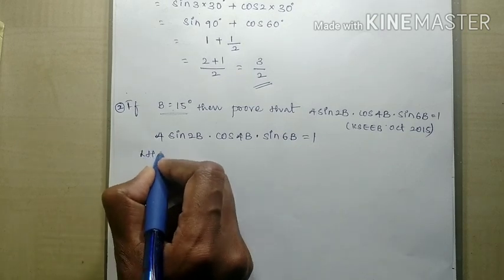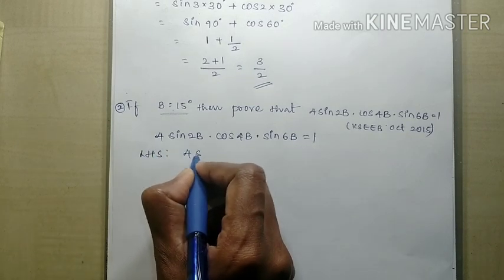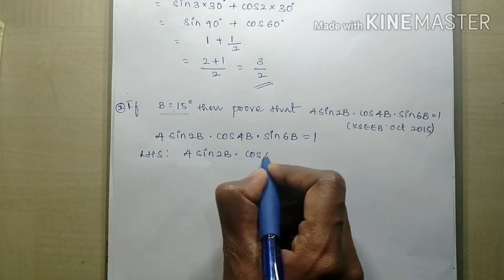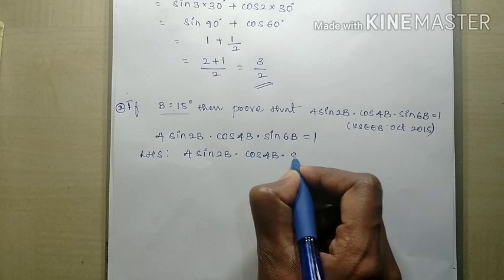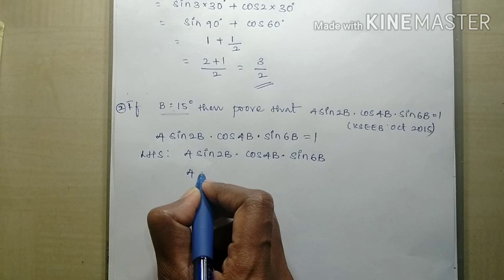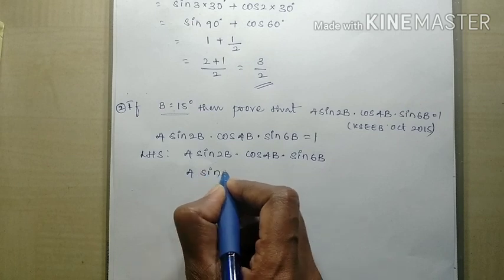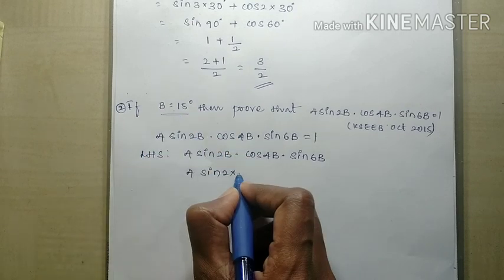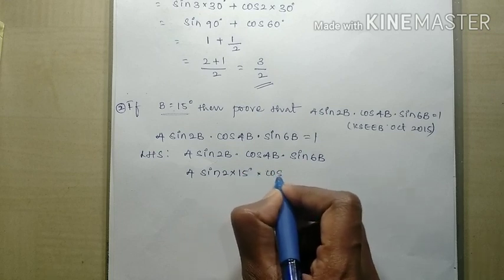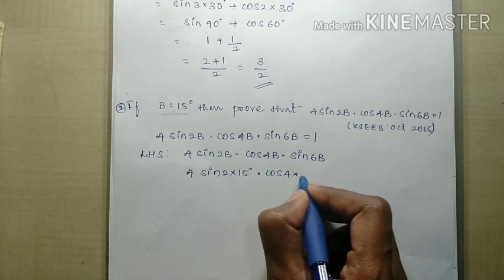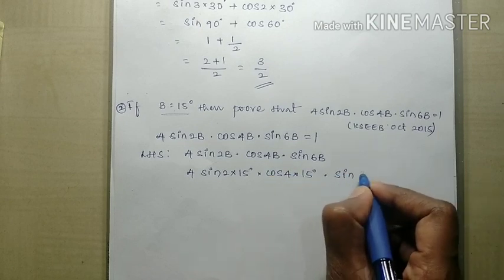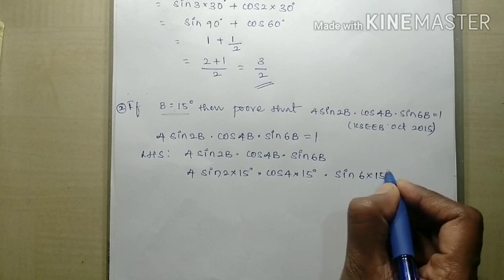Now let me take the LHS part, that is 4 sin 2B into cos 4B into sin 6B. That equals 4 into sin 2 into B value, let me substitute 15 degrees, into cos 4B value 15 degrees into sin 6 into 15 degrees.